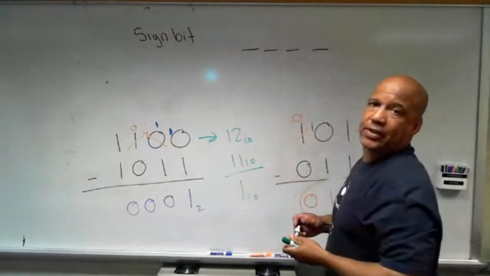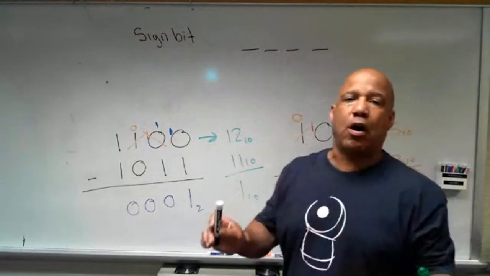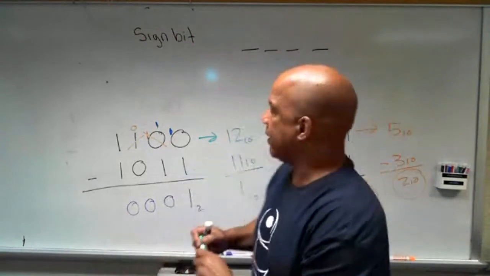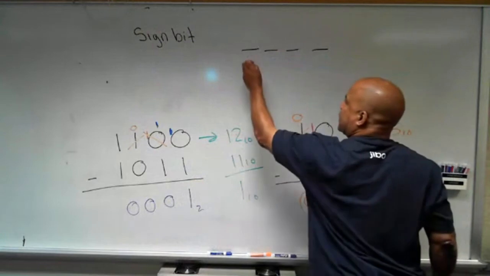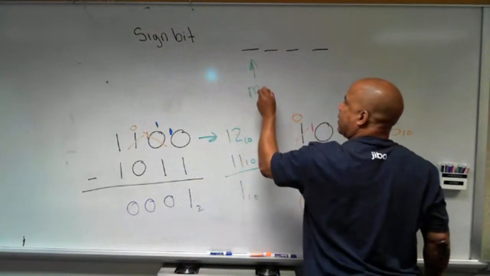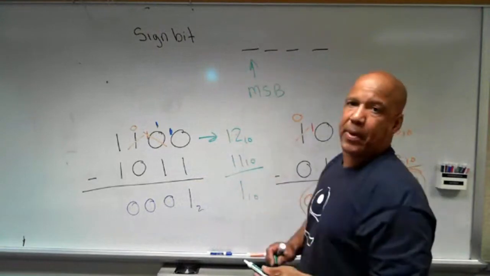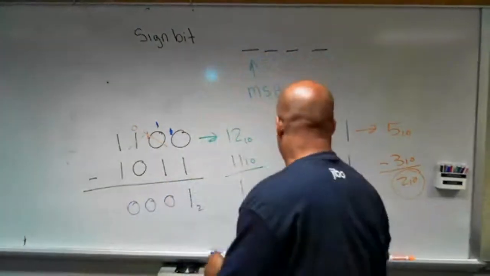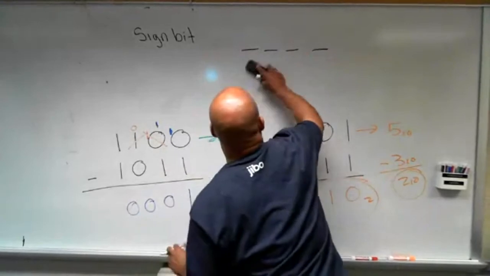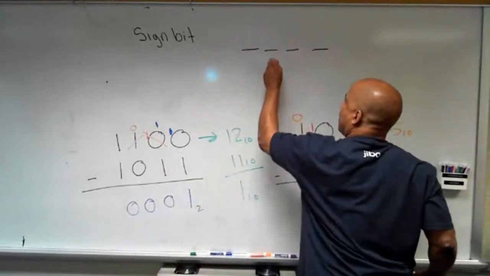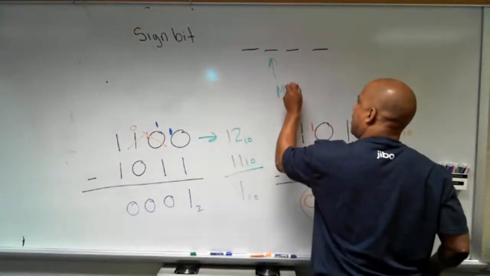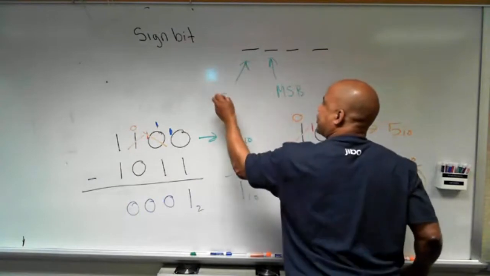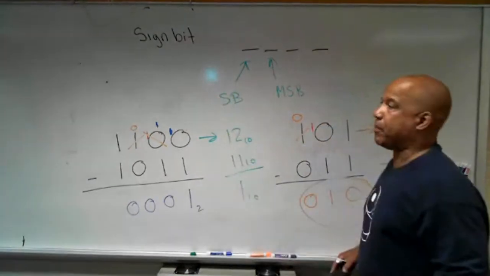If it doesn't use a sign bit, then this bit position right there is your MSB, your most significant bit. If I tell you that our digital system is using a sign bit, then your most significant bit is the next one over. That's your MSB. And that right there is your sign bit, your SB.